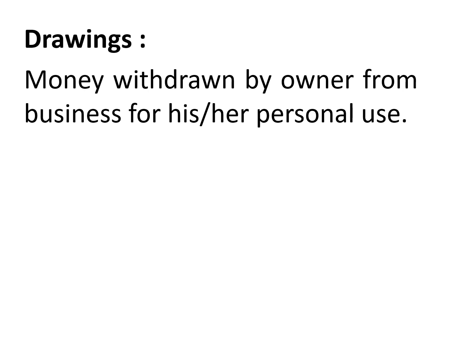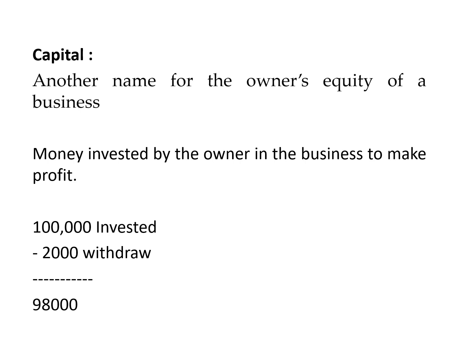So drawing is the money which is withdrawn by the owner from the business for his or her personal use. Capital is another name for owner's equity in the business, which is the money invested by the owner in the business to make profit.